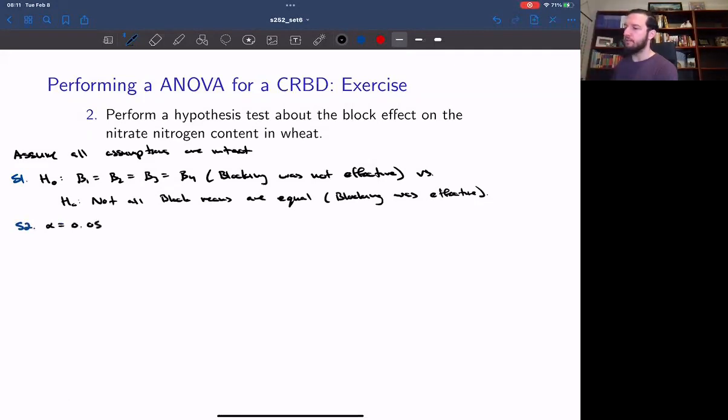There's no significance level given, so we'll just use the standard 0.05. Then on step 3, we're going to have our F statistic for the block. So this is going to be MS block divided by MSE.